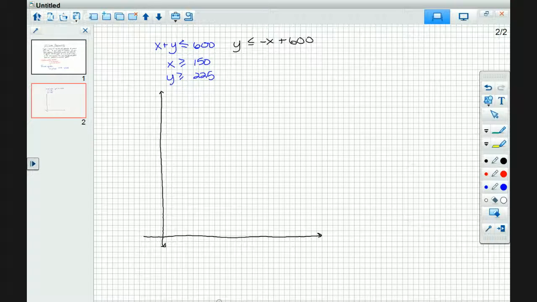Because we need that equation to get both axes. So I'm going to go by 50s.